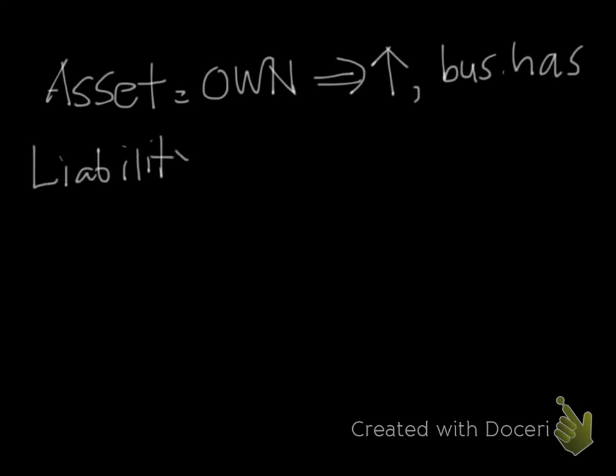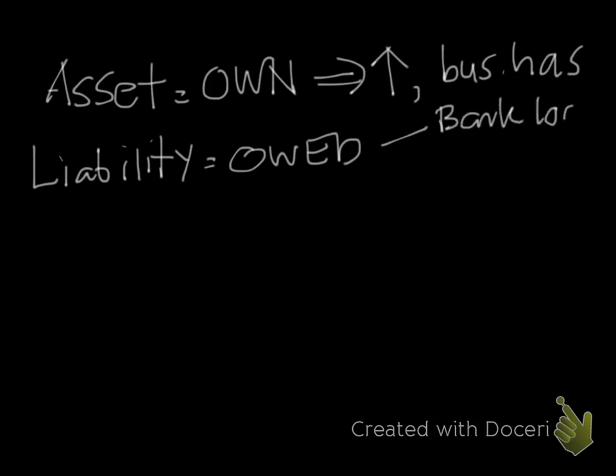Liability is something that business owed to the third party, normally from a bank loan that business made, and when business bought goods on credit, which is from a creditor.